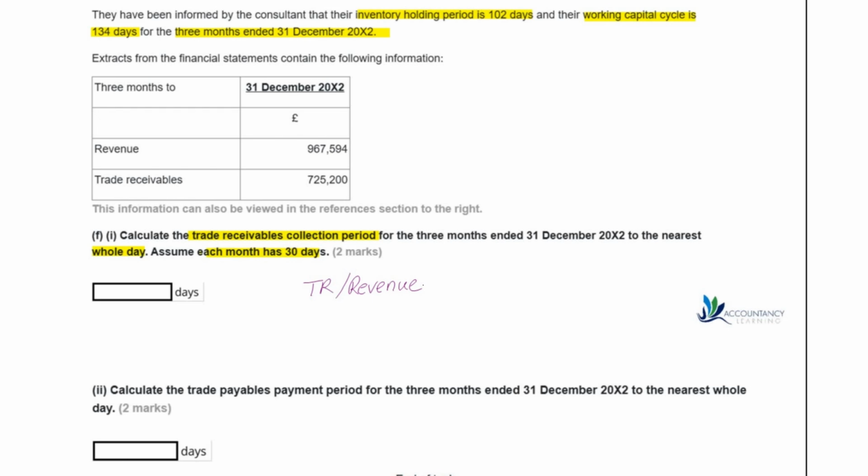Now before we decide what we're going to multiply it by to finish it off, it's 3 months and each month has 30 days. So we're doing this on a 90-day period. So we times it by 90, which gives us 67.4, and we're going to the nearest whole day, which is 67 days.